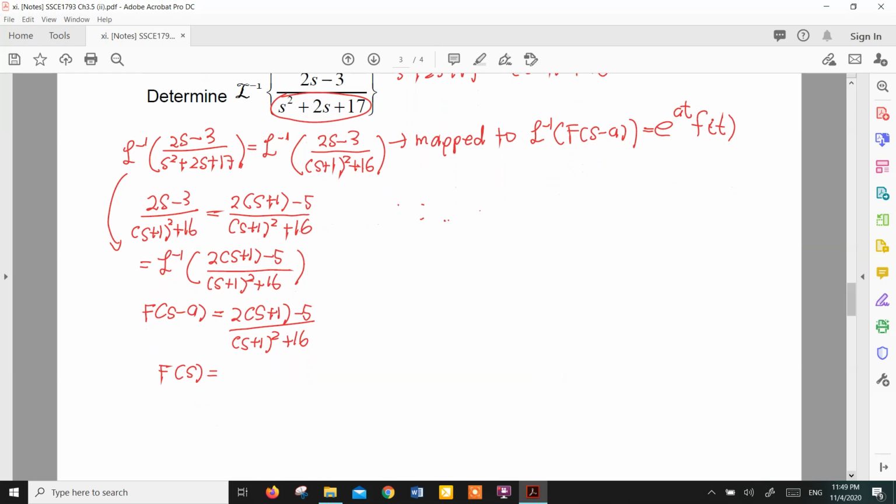So I must get the f(t) function in order to solve this question. From this, my a is equal to negative 1, so my F(s) now is (2s minus 5) over (s square plus 16).